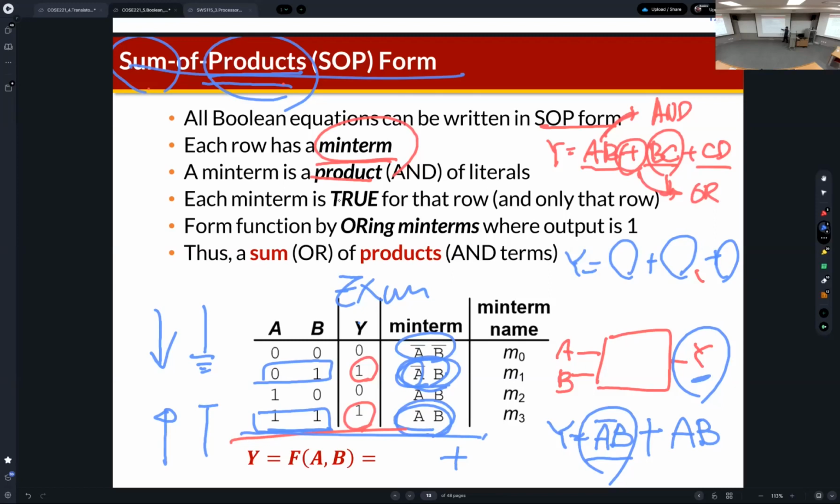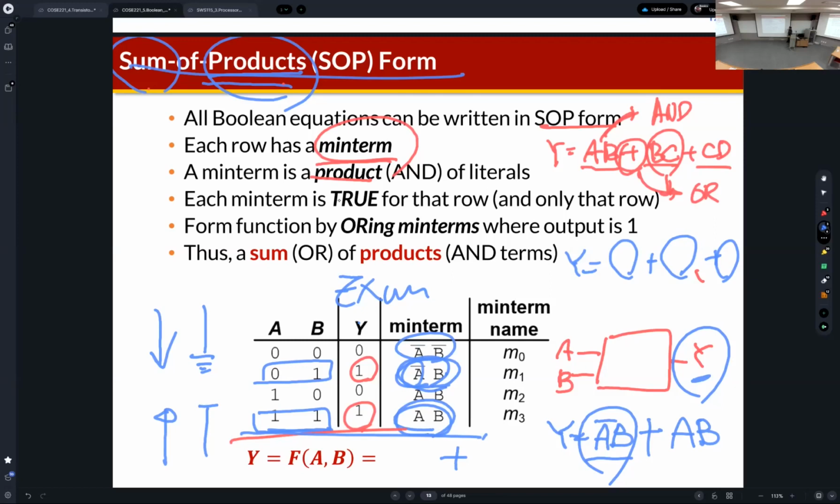Okay, so using the SOP form, we can make a Boolean equation that can meet the functional specification of this truth table. Okay, you understand? But I believe that you can easily understand how to generate the SOP form.